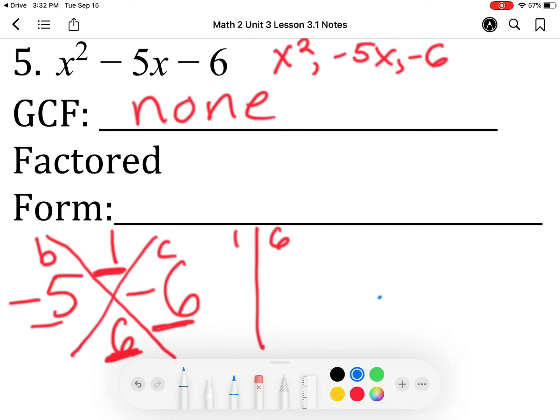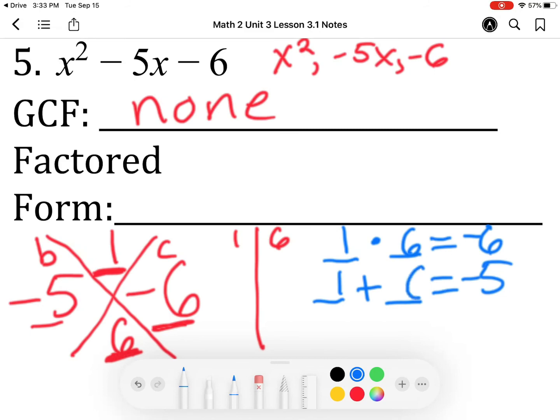So I'm going to set it up like this. First magic number times second magic number equals negative 6. We also want first magic number plus second magic number to give us negative 5. So we agree, hopefully, 1 and 6 is going to give us those answers.